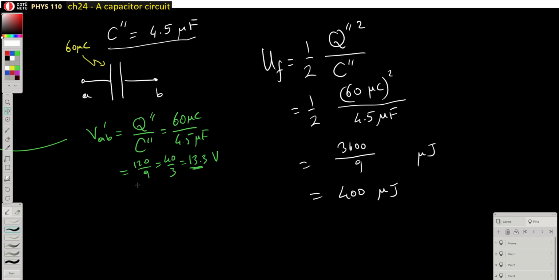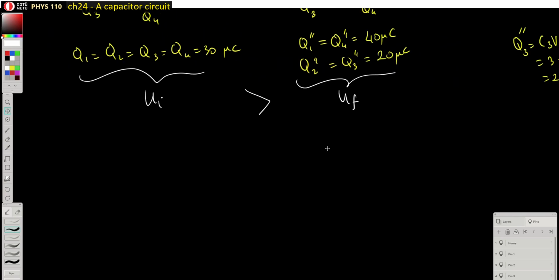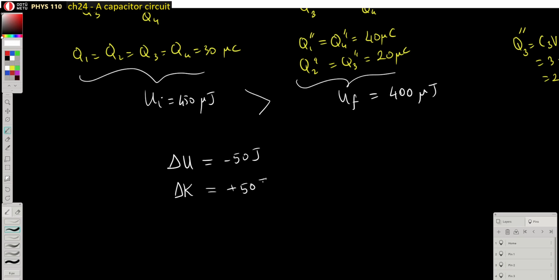Okay, so let's come back to this calculation in here. The initial potential energy was 450 microjoules. The final potential energy is 400 microjoules. That's the electric potential energy. We can see that the change in the potential energy is negative. That means some electrons or some atoms in the environment have some increased energy.